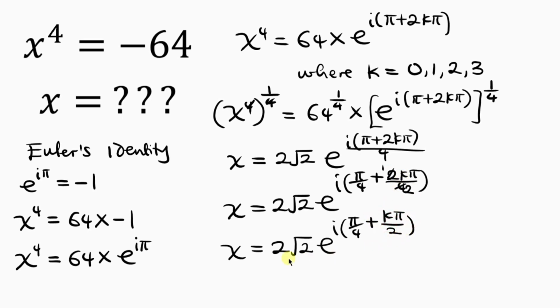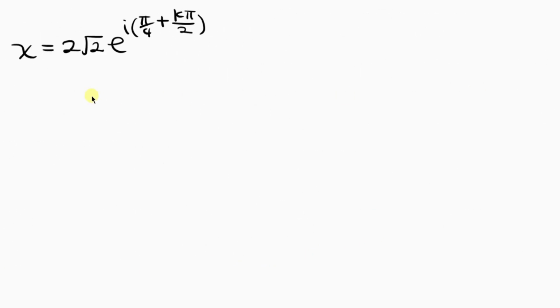So you can see how simple this is. Let's continue. Our next step will be for us to write this expression in terms of cosine and sine. So x will be equal to 2 root 2.